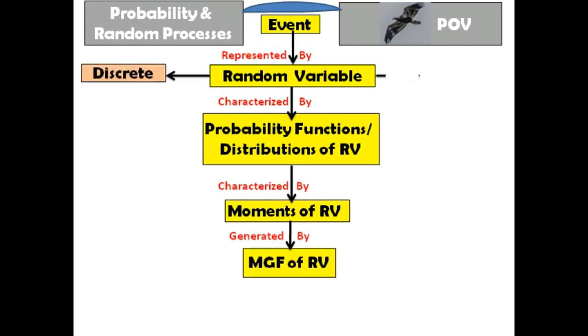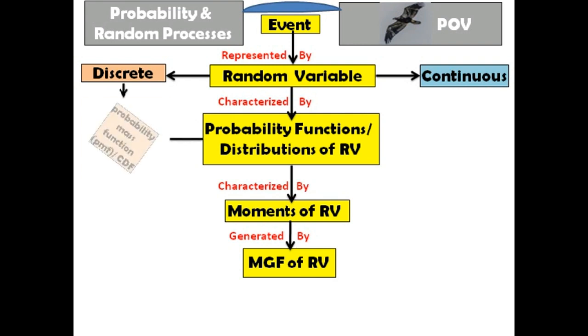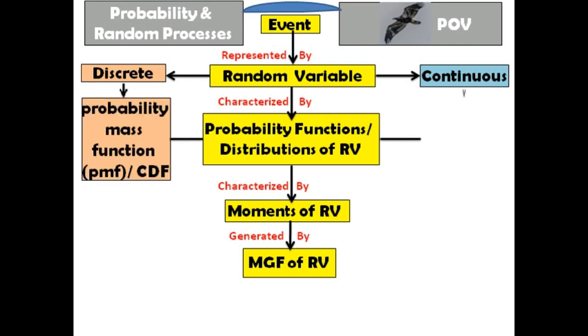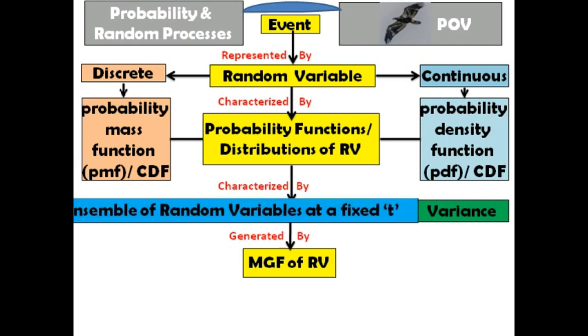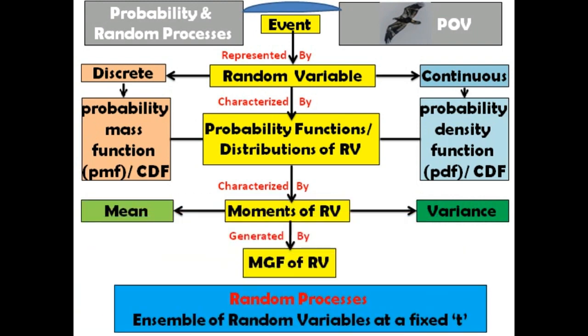Random variables are categorized into discrete and continuous, which are characterized by their respective probability functions, namely probability mass function and probability density function. Mean and variance are two important moments which carry all the significant probability information related to the random variable. These are the major topics which will be covered in probability.